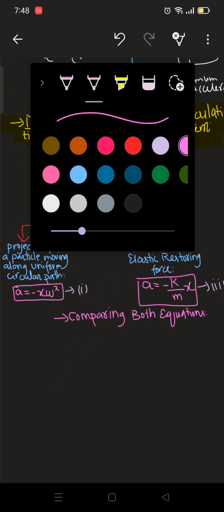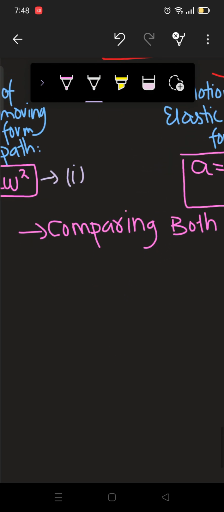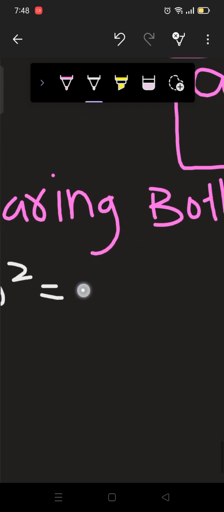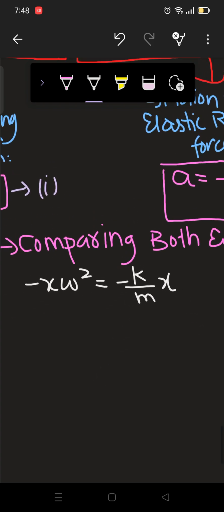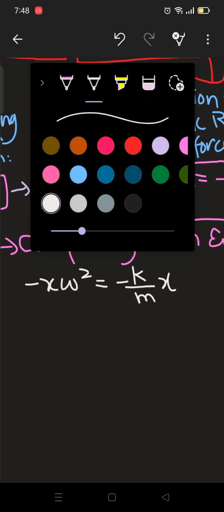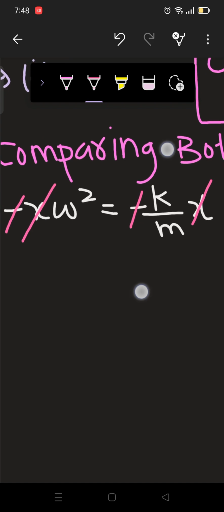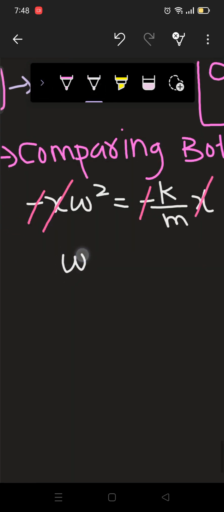Equating both the equations, minus x omega square is equal to minus k over m x, right? So x cancels with x, minus cancels with minus, and omega square is equal to k over m.